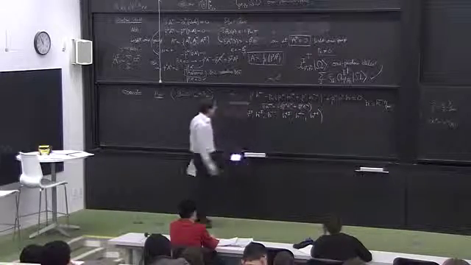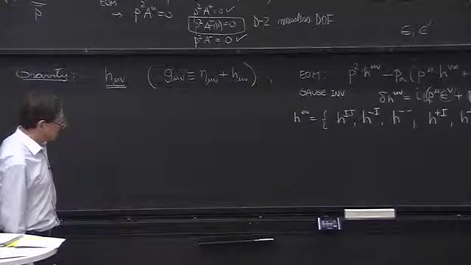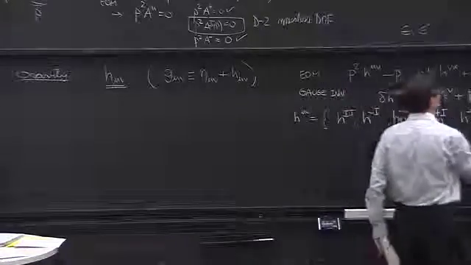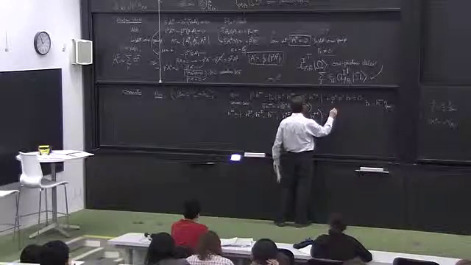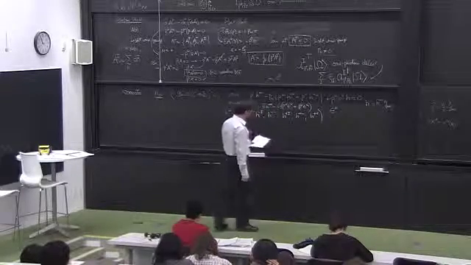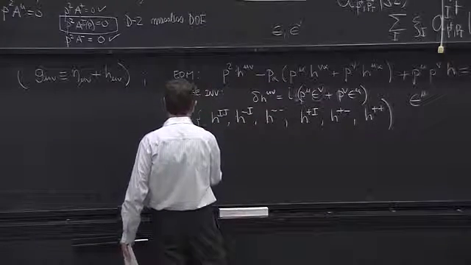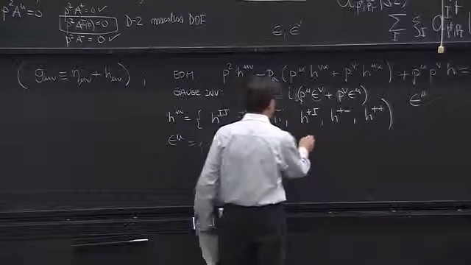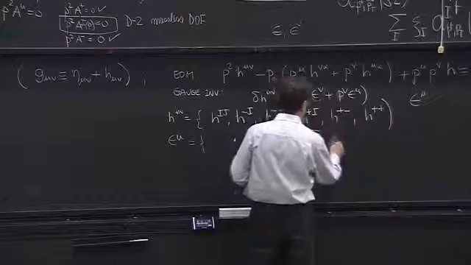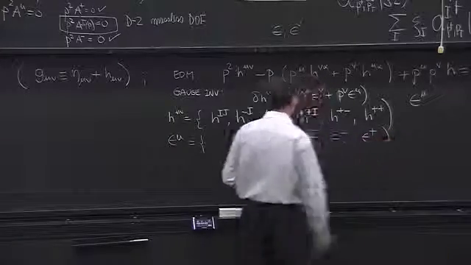These are all the fields in light coordinates for a graviton. And you have an epsilon for gauge transformations, an epsilon mu. What does epsilon mu contain? It contains an epsilon i, an epsilon minus, and an epsilon plus.